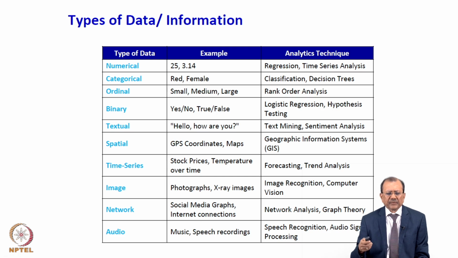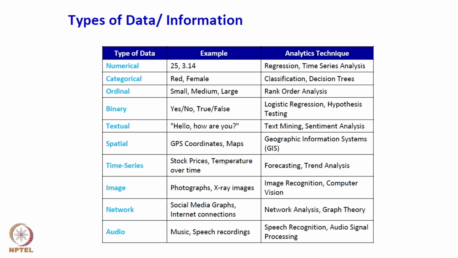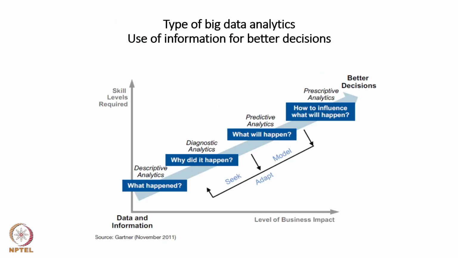I have again given in this picture a categorization of the different types of data, and you can go through this picture: textual, with examples. It has been given over here, like what numerical data is, what image is, and what audio is, just to take a overview.